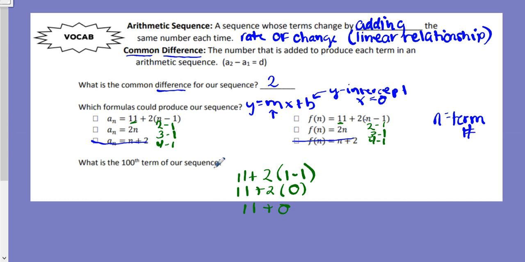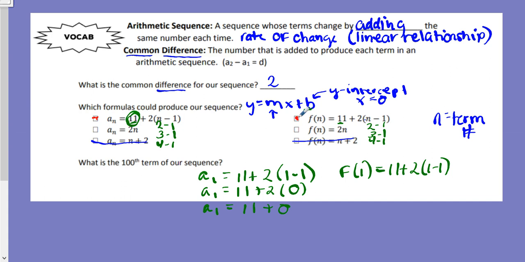So my first term, a_1 or f of 1, okay, so we plugged in our 1 value. My first term is 11, which is correct to my table. So it's slightly different: this value, which was my y-intercept in y equals mx plus b, is now my first term. So these are both the same function.